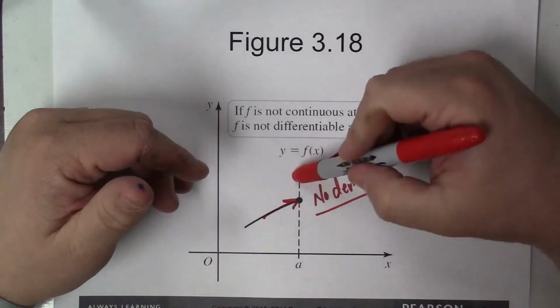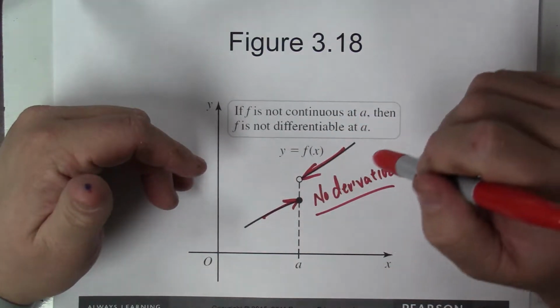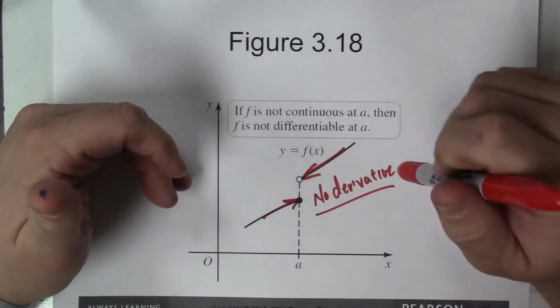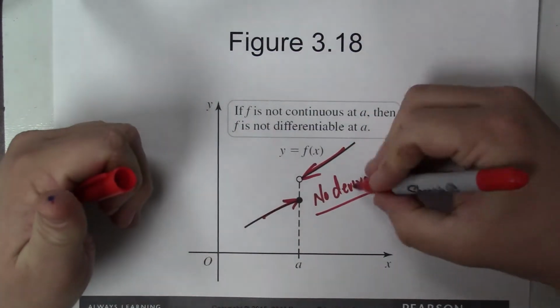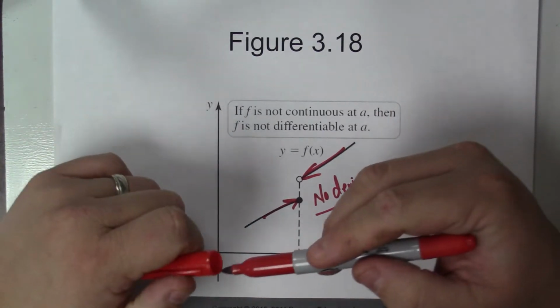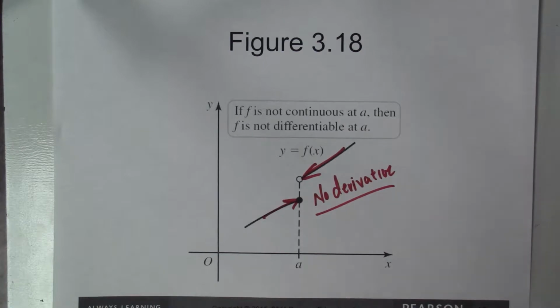The big idea here is if there's a gap, I don't care anything else, the function is not differentiable there. In fact, if a function has a derivative at a point, that is a way of saying that the function is continuous at that point. So that is actually quite useful sometimes in some other areas.